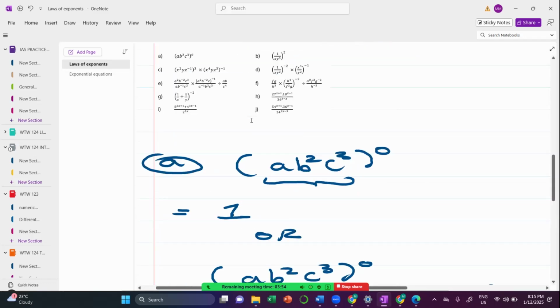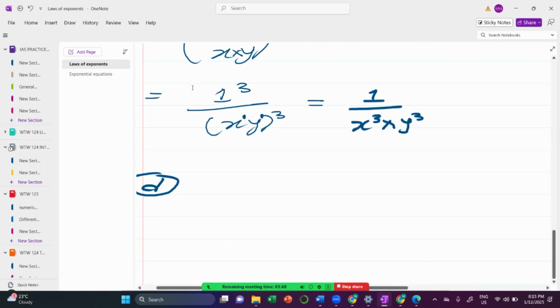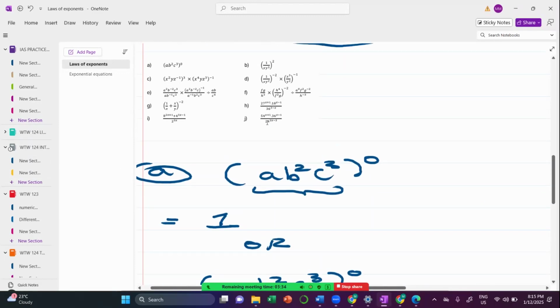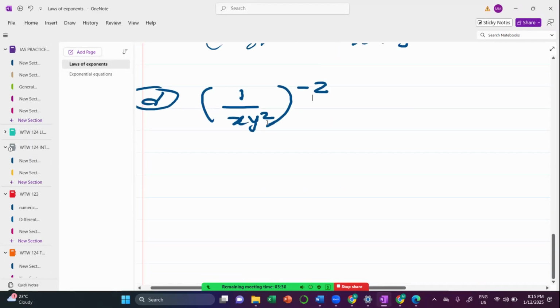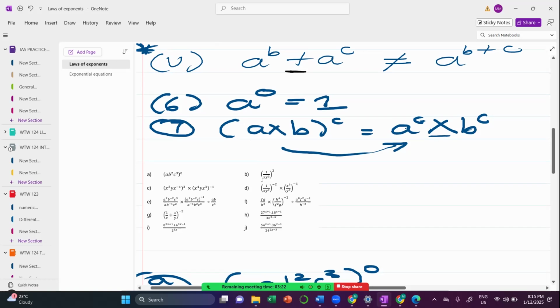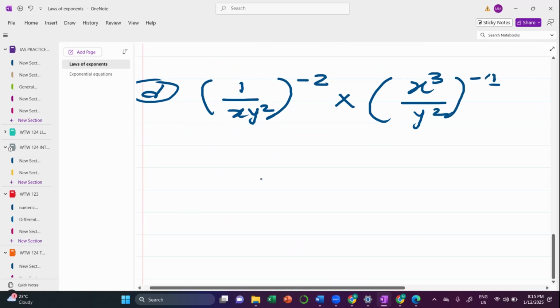D is just simply saying that I have 1 over xy squared, all to the exponent of -2, multiplied by x cubed all over y squared to the exponent of -1.